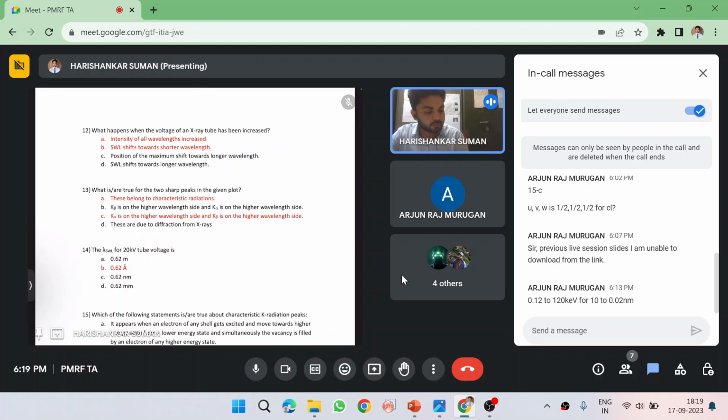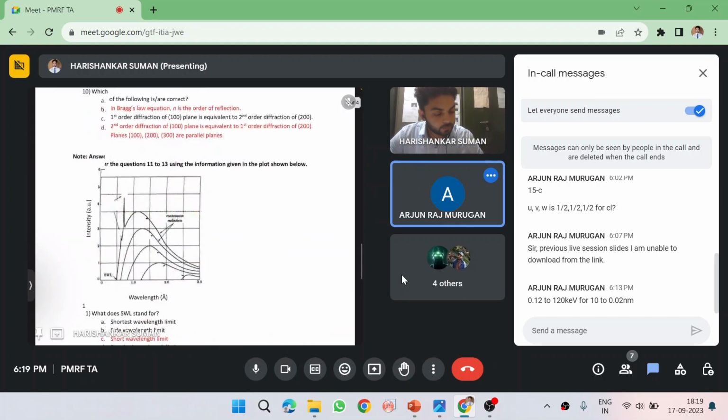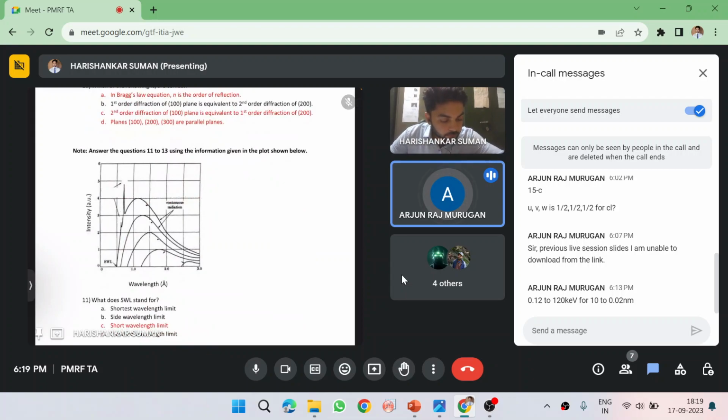Sharp peaks in the given plot. Here no angle is involved; diffraction is supposed to involve angle measurement. I think this is more of an absorption study or sweep study, because different wavelengths and different energy levels are studied. In this graph, each curve corresponds to a different energy or voltage, in kilovolts.